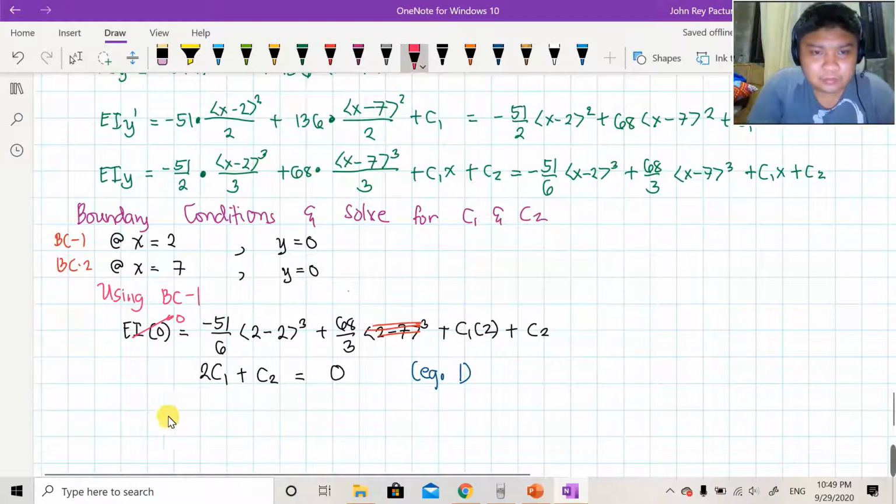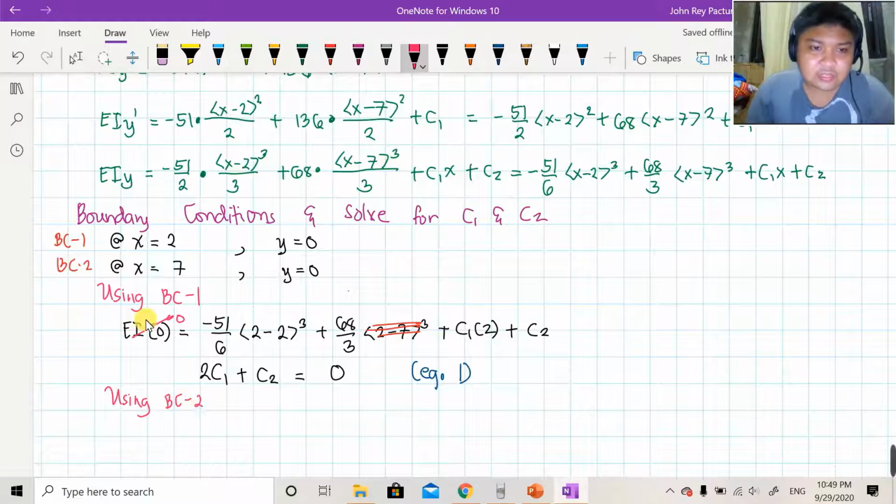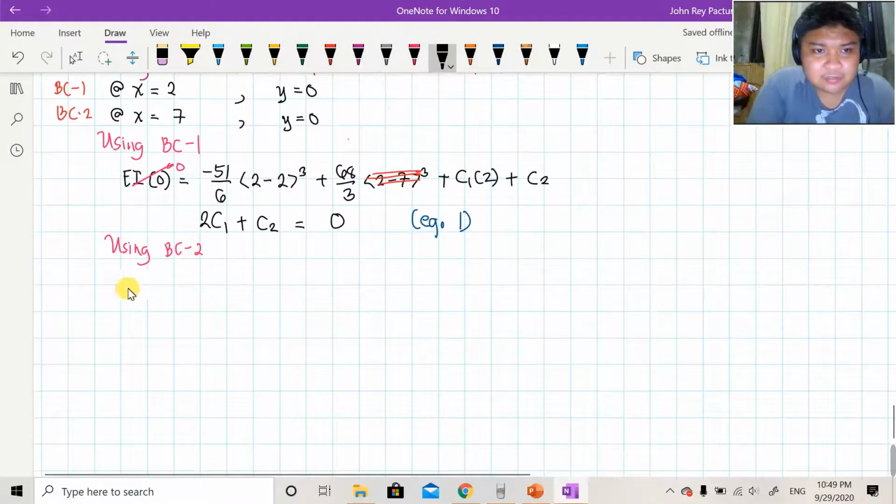So, on the other hand, using boundary condition 2, what happens is x equals 7, y equals 0.